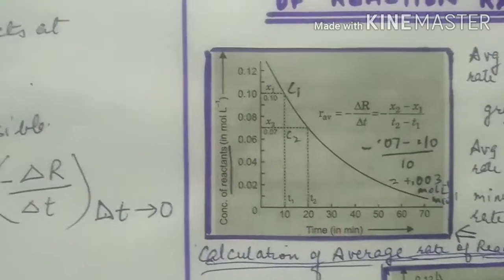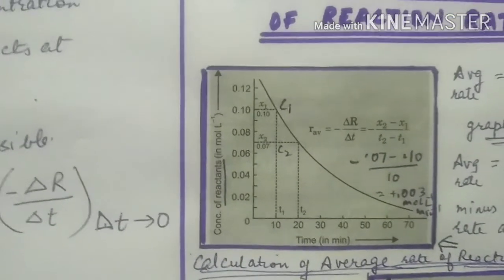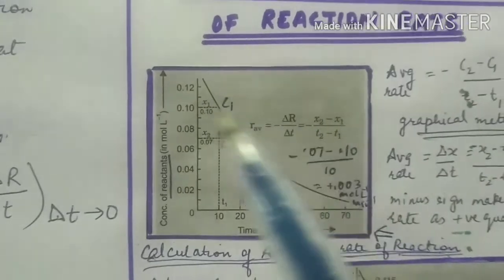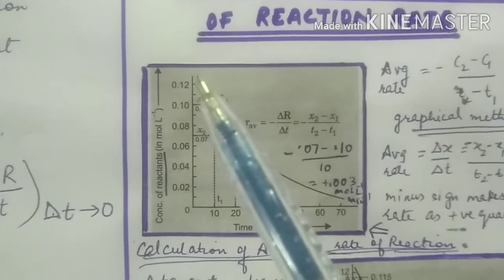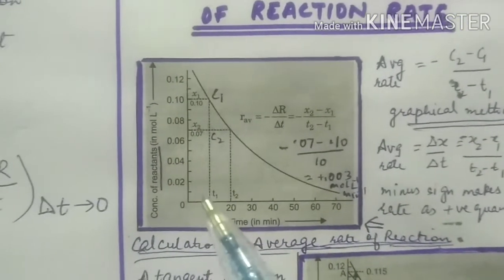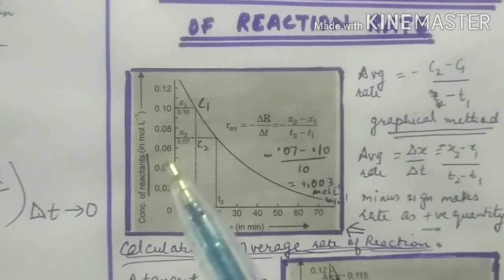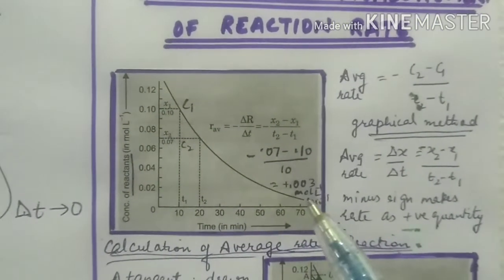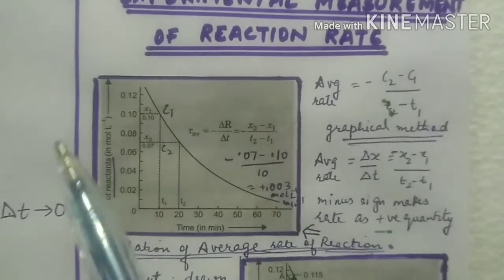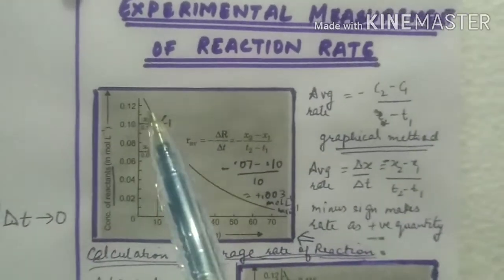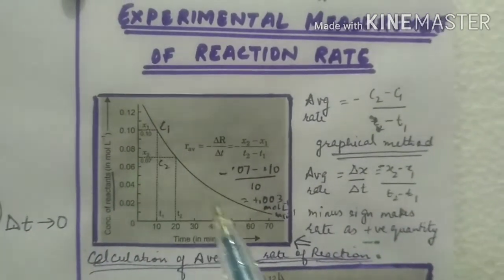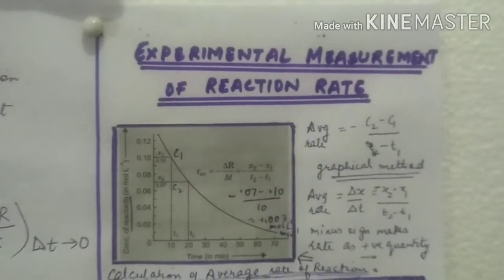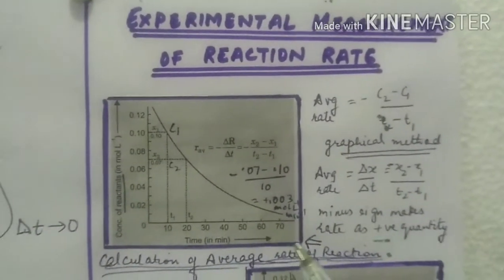You can see that the concentration of reactant is more in the beginning of the reaction, and as the reaction progresses, the reactant changes to product, so its concentration decreases. The curve shows the decrease in concentration of the reactant with respect to time.